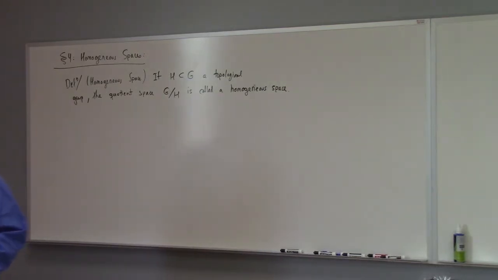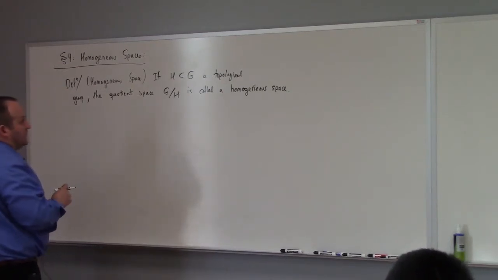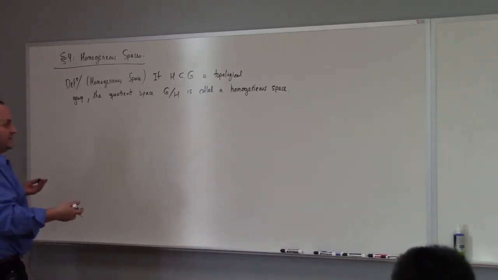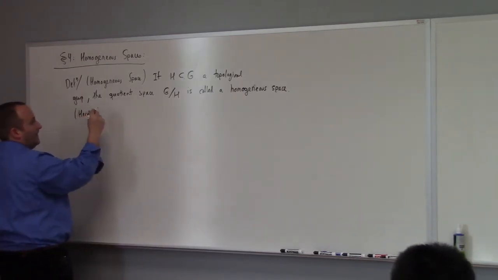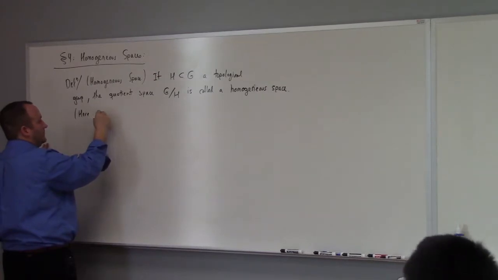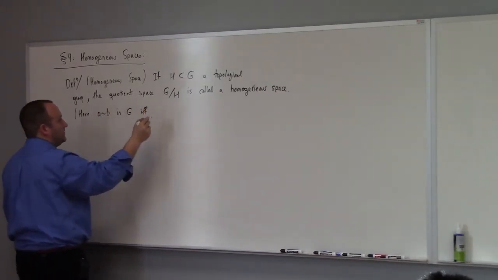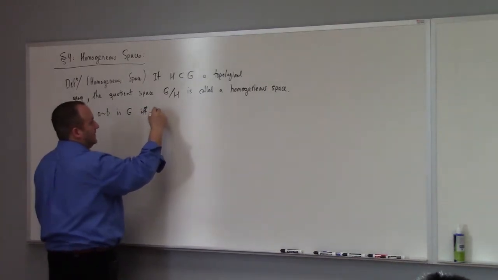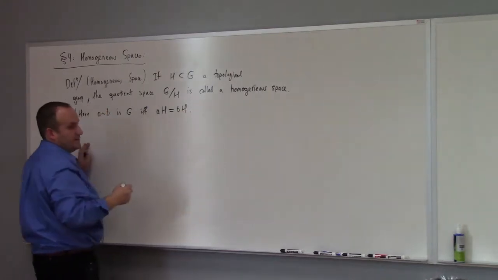So he says, okay, the quotient here is what? What's the equivalence that's being used here? A is equivalent to B in G if and only if what? Yeah, aH equals bH, if you like, right?